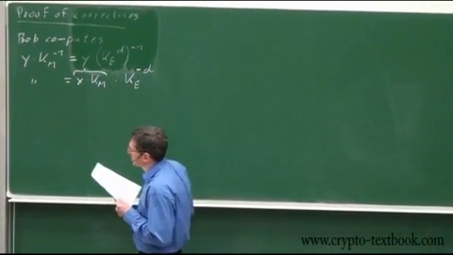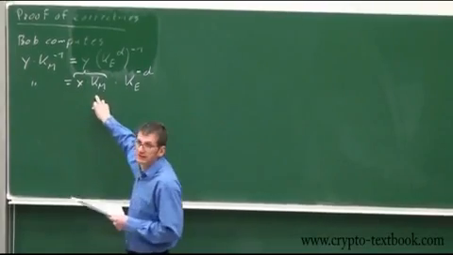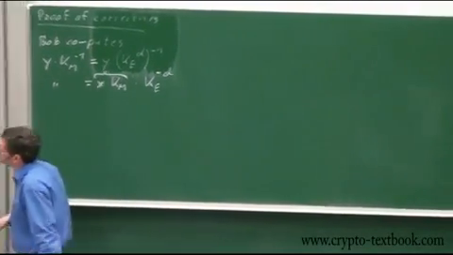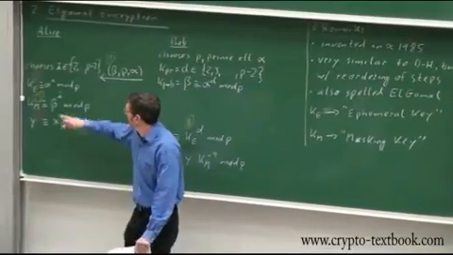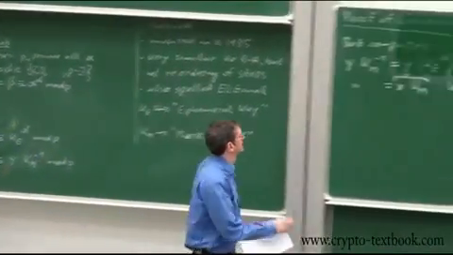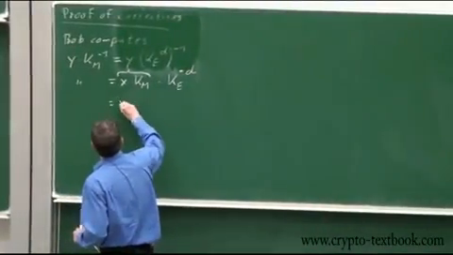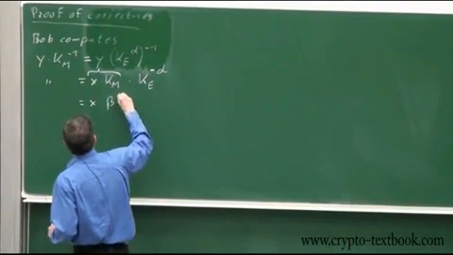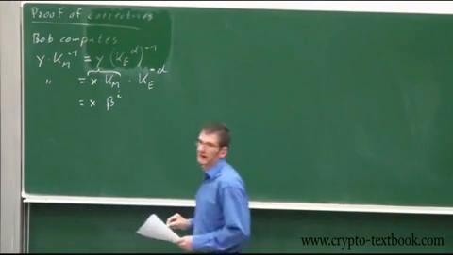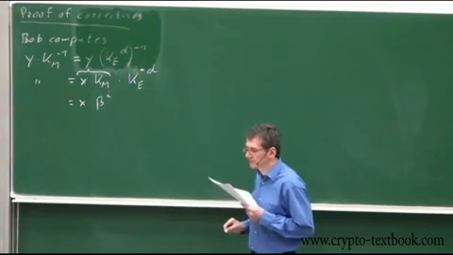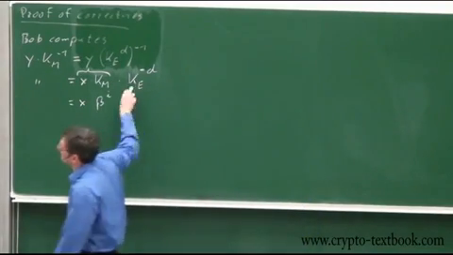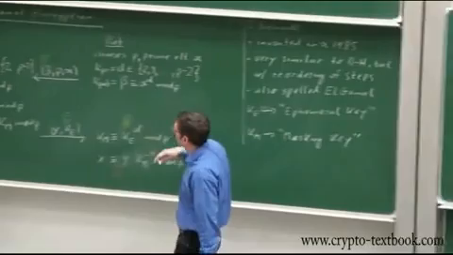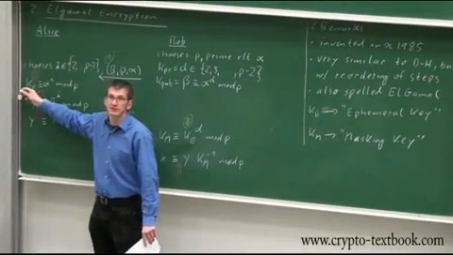Okay, next step, we're going to drill deeper into these keys. What is the masking key? The masking key is beta to the i's power. And what is KE, the ephemeral key? Where was that computed? It was computed at this point here.